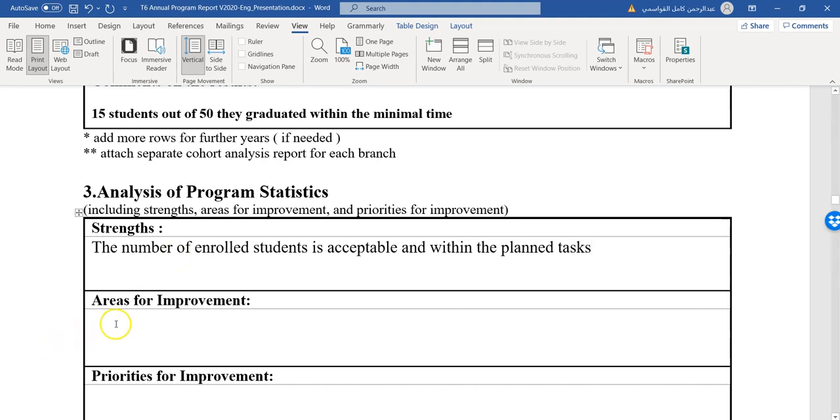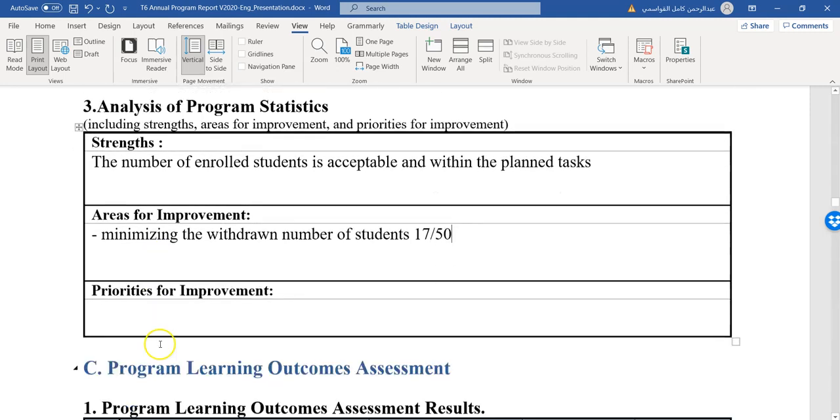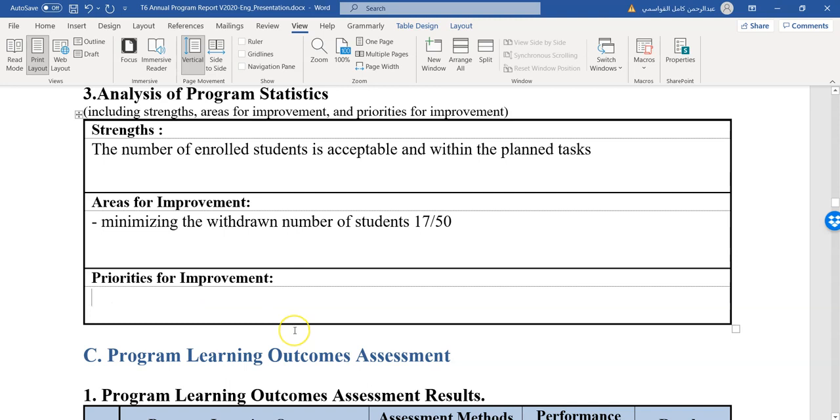Area of improvements, for example, minimizing the withdrawn number of students. We have 17 over 50. Also priorities of improvement, for example, to activate, for example, the control track, and so on.